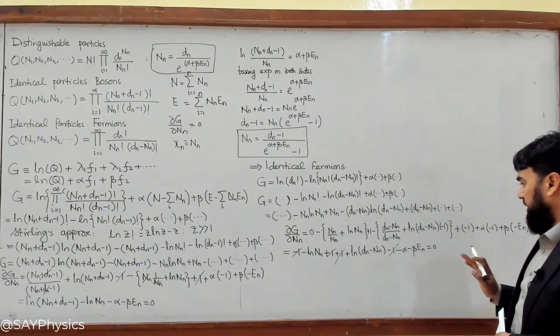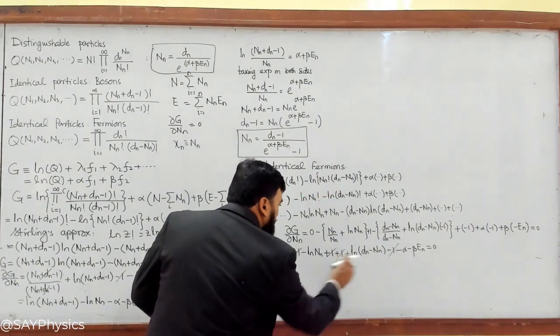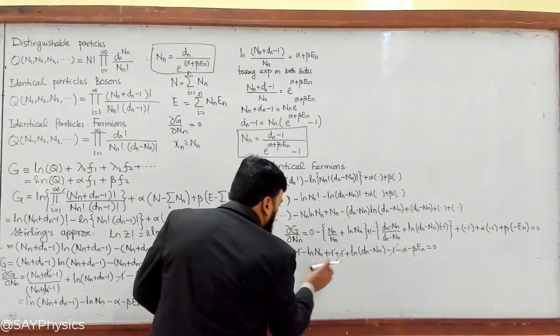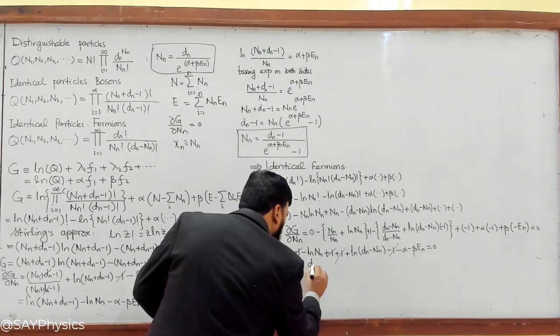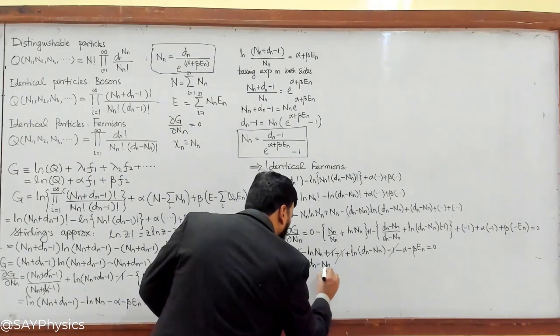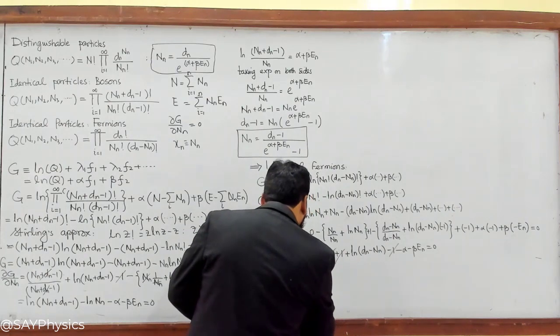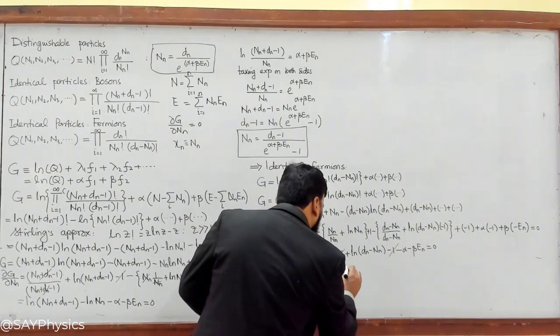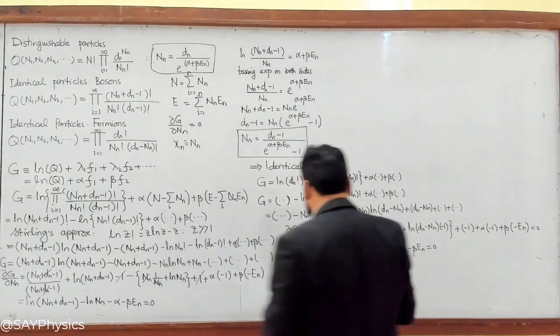So let me simplify this one. I can write this one log dn minus nn by log nn. So this is log of dn minus nn divided by nn, and this is equal to alpha plus beta en.